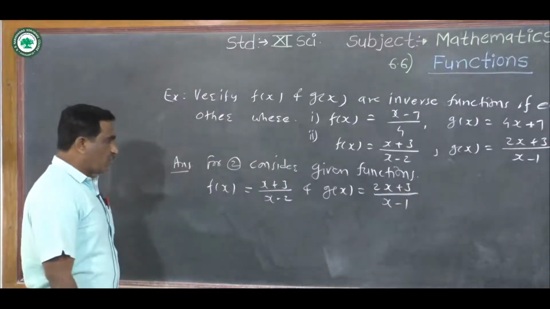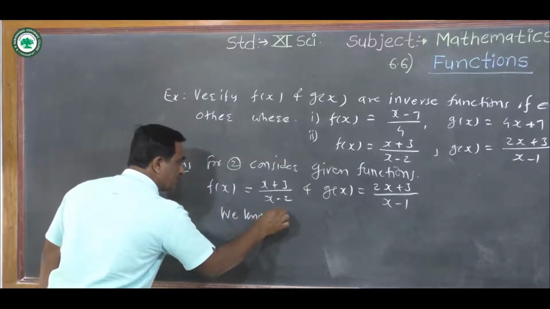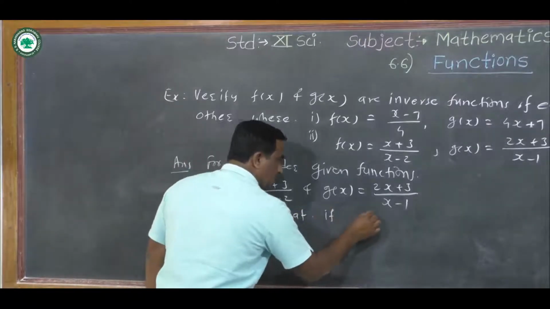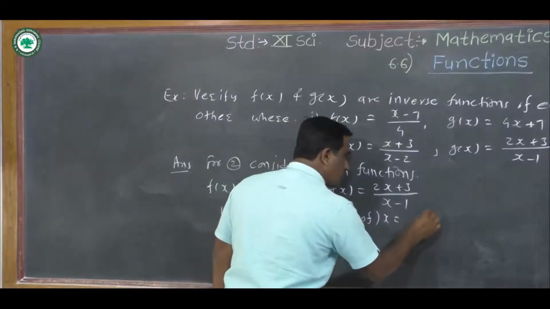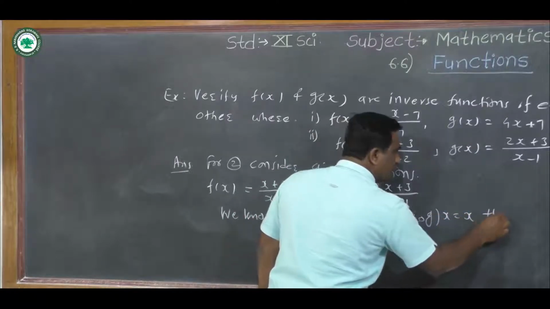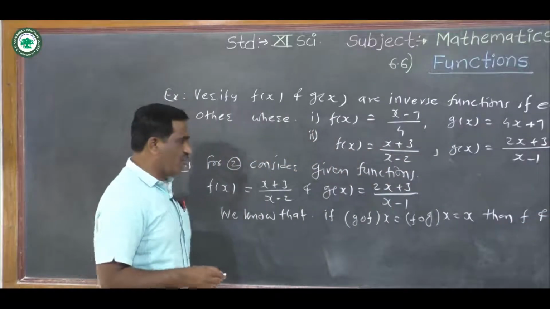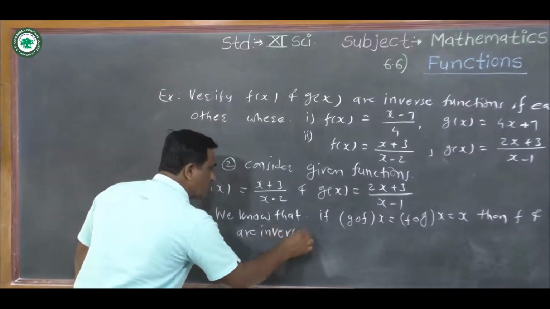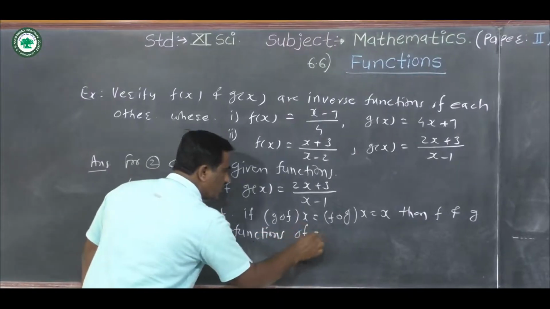Okay. Also here we can write, we know that if f composite with g on x is equal to g composite with f on x is equal to x, then f and g, or f of x and g of x, are inverse functions of each other.